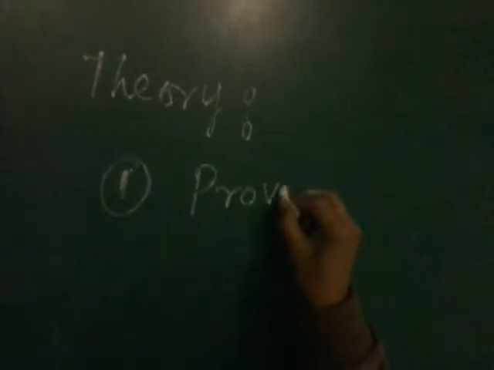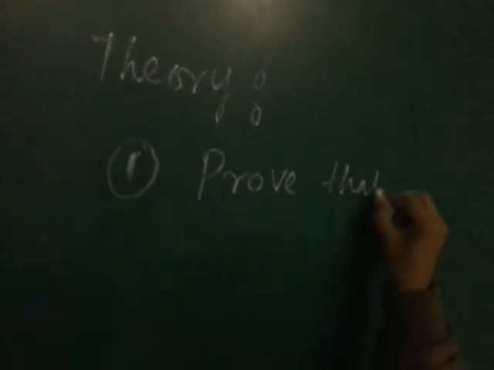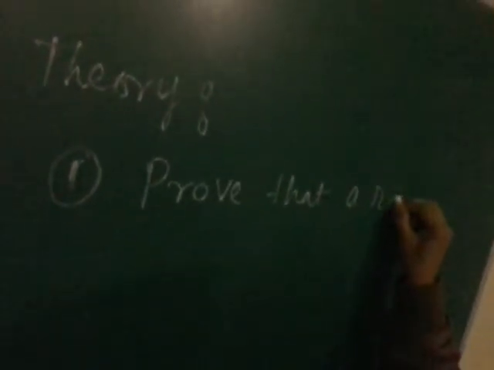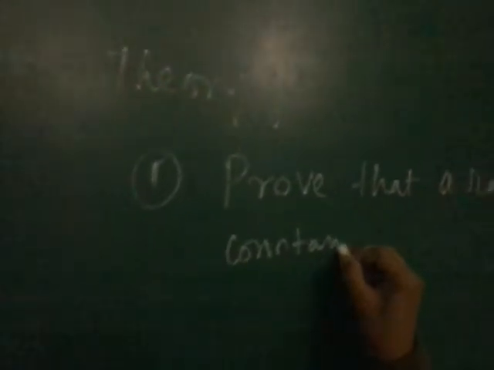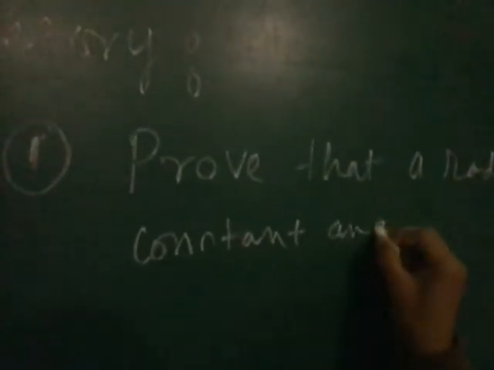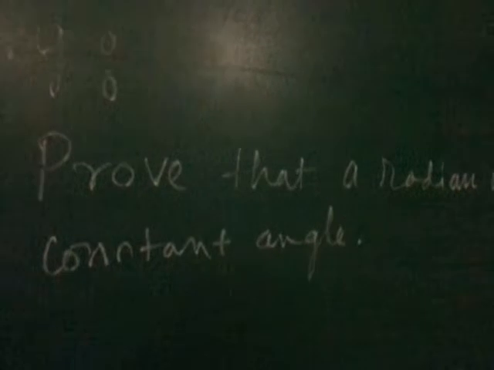Theory number 1: prove that a radian is a constant angle.